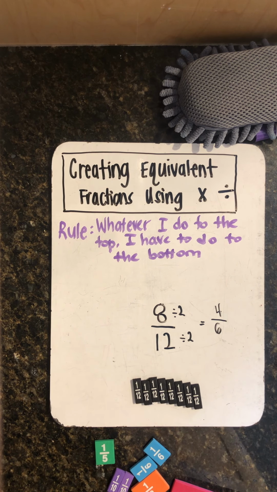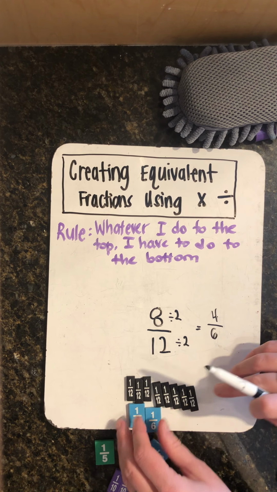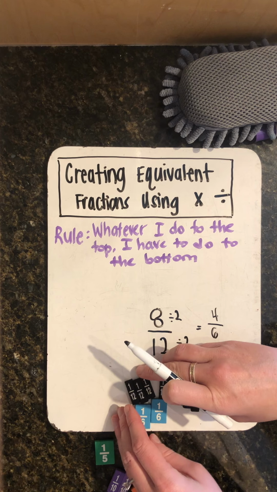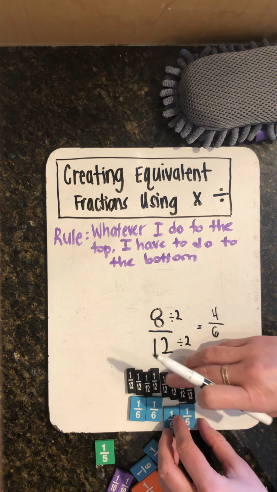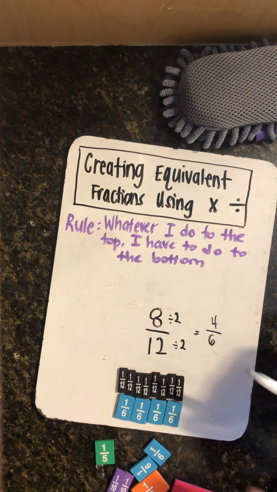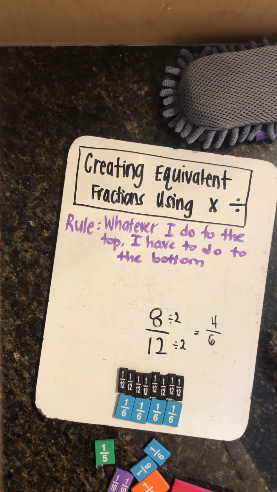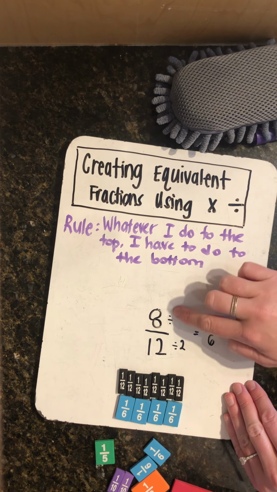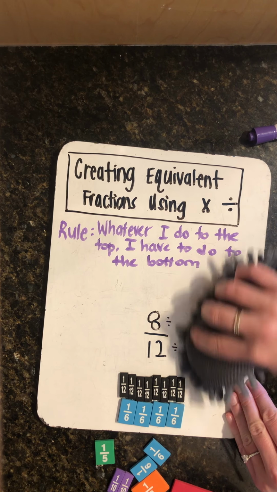Did you get 4/6? Let's see. Let's line them up. My board is moving here. And if I lined them up, I would see that 8/12 is equivalent to 4/6. Okay. Last but not least, I also know that I could divide by another number.